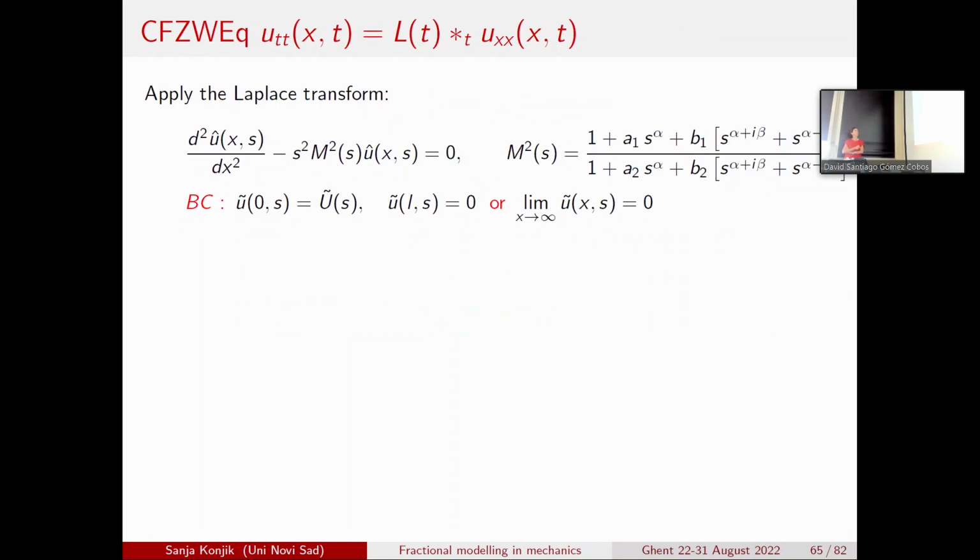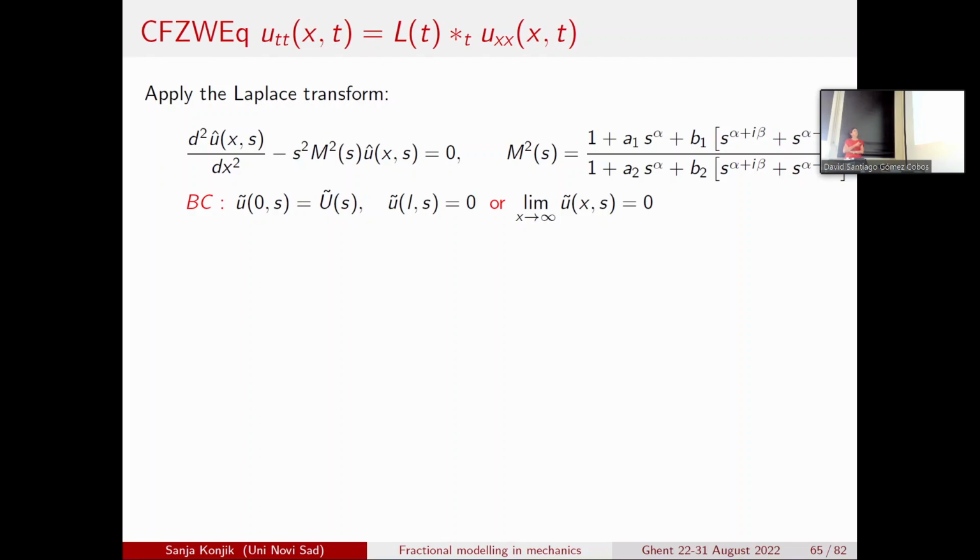And the strategy for solving this complex fractional Zener wave equation is, of course, similar as before. We will apply the Laplace transform to our equation. We will obtain an equation of this type. Now it is an ordinary differential equation with respect to x. This m squared, which appears here, is of this form. And, of course, we also calculate the Laplace transform of our boundary conditions.